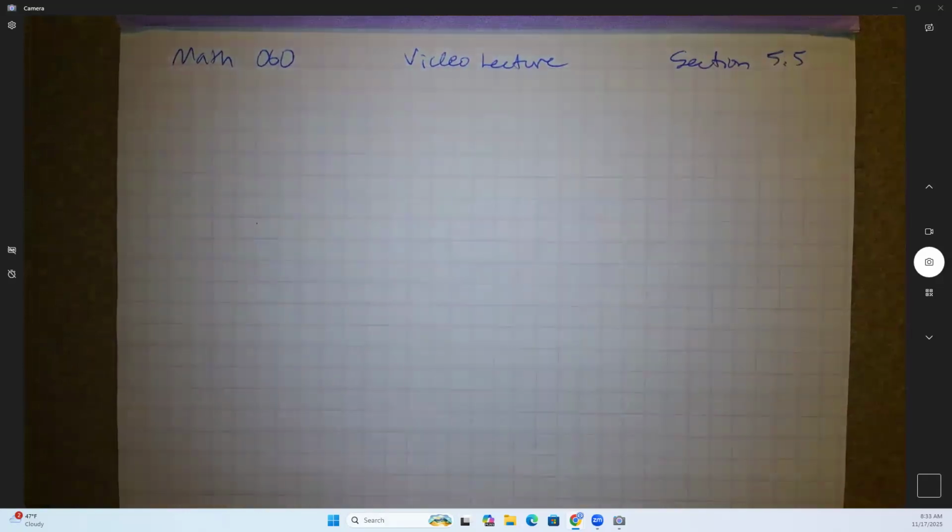Section 5.5 is graphs of linear equations.